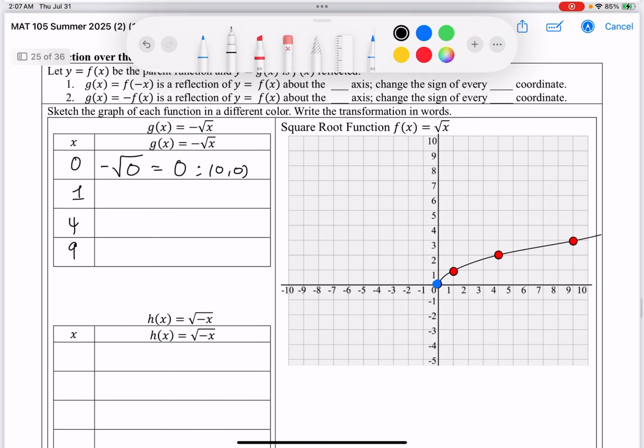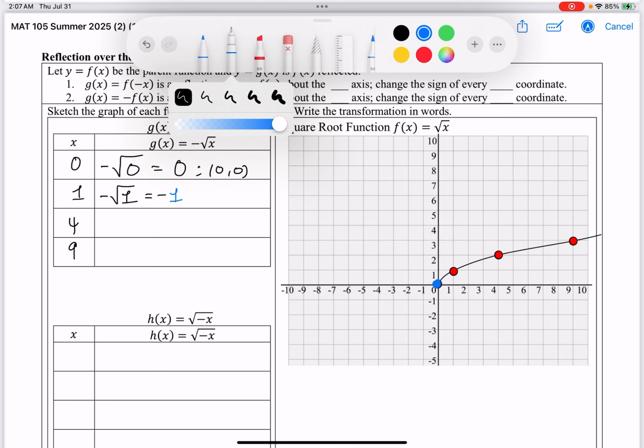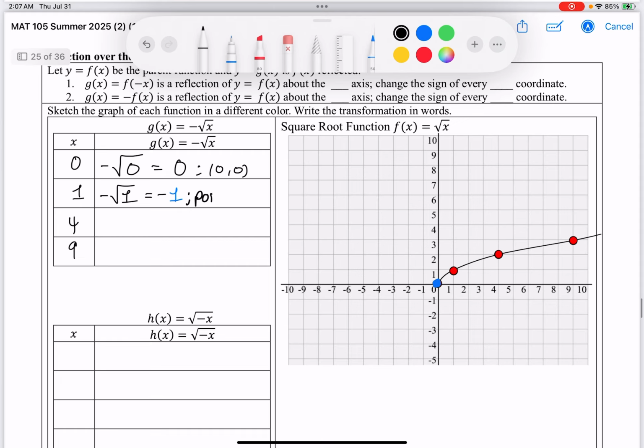So the next one is going to be 1. So that's negative square root of 1. And we know the square root of 1 is just 1, so that's going to be negative 1. So the point is going to be, well, x is 1 and y is negative 1.